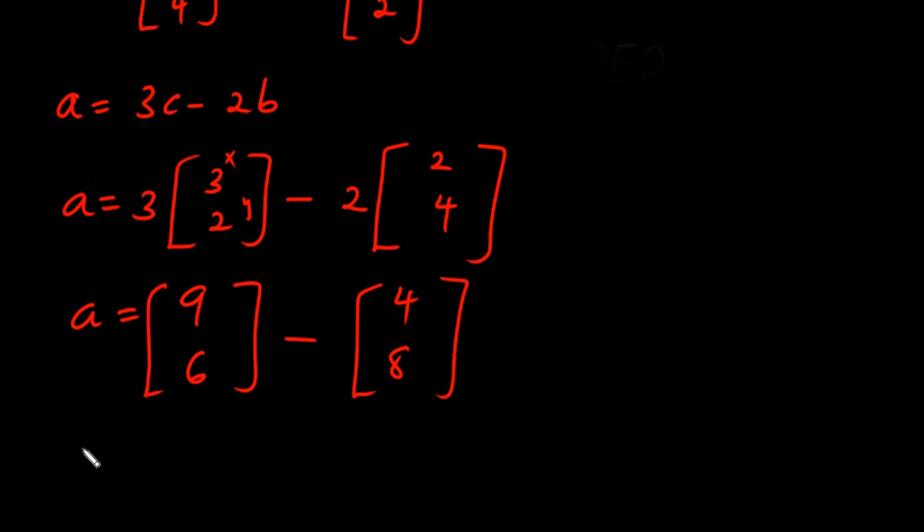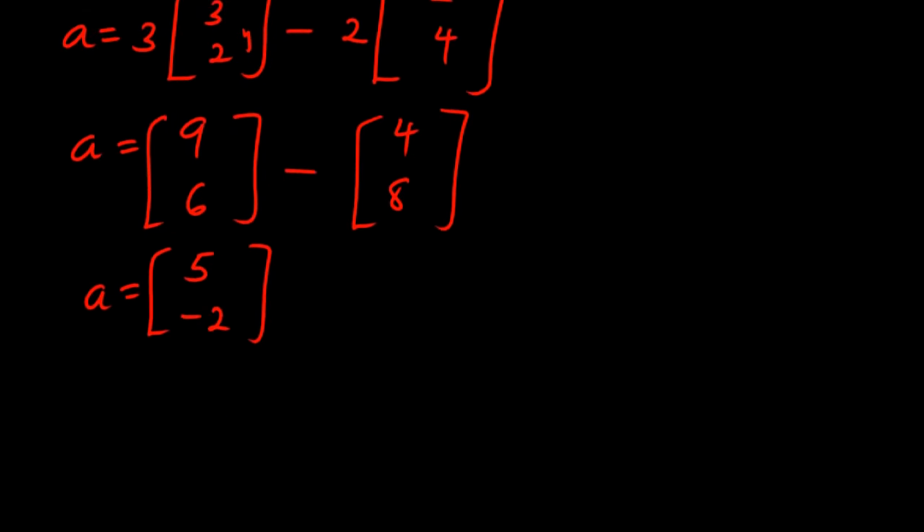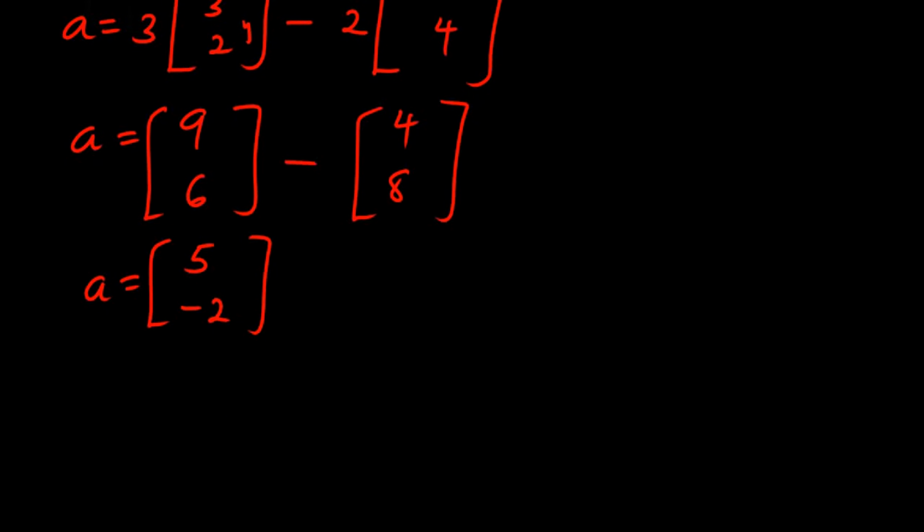So we can now work this out. We subtract: 9 minus 4 is 5, and 6 minus 8 is negative 2. So that is the value of A. We can now proceed to find the magnitude of A.